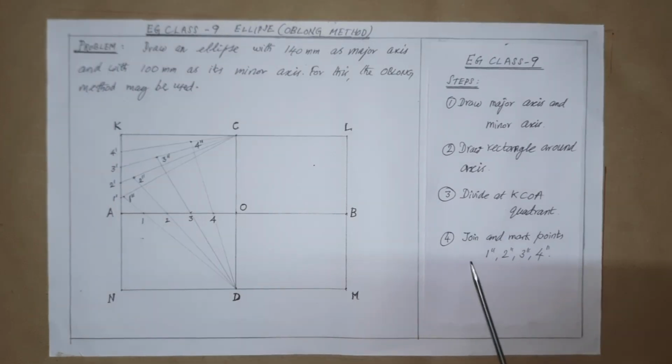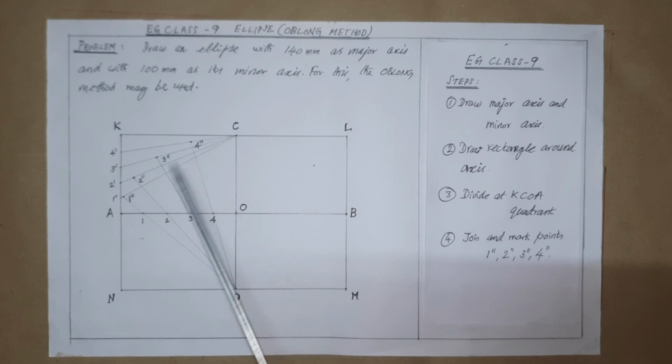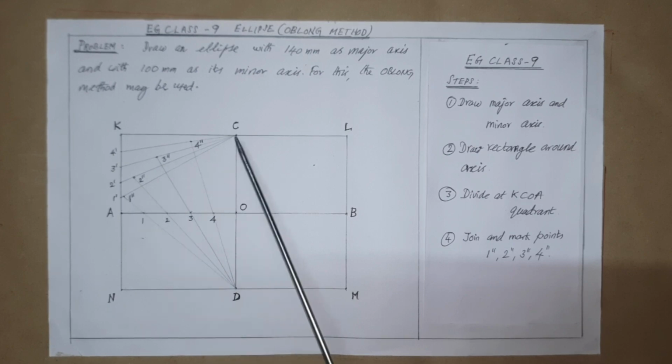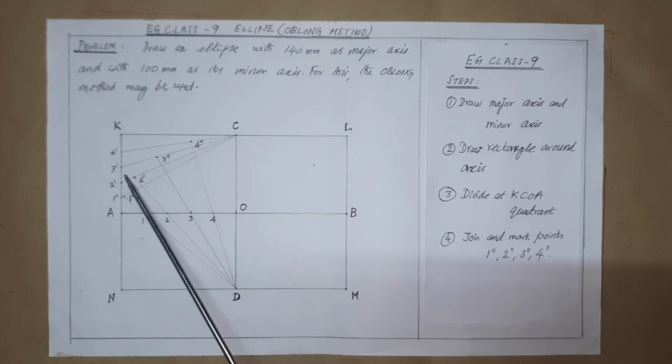Next, as per step 4, join and mark the points 1 double dash, 2 double dash, 3 double dash, 4 double dash. For this, join the points by drawing lines from C to 1 dash, C to 2 dash, C to 3 dash, C to 4 dash. This is the first step.